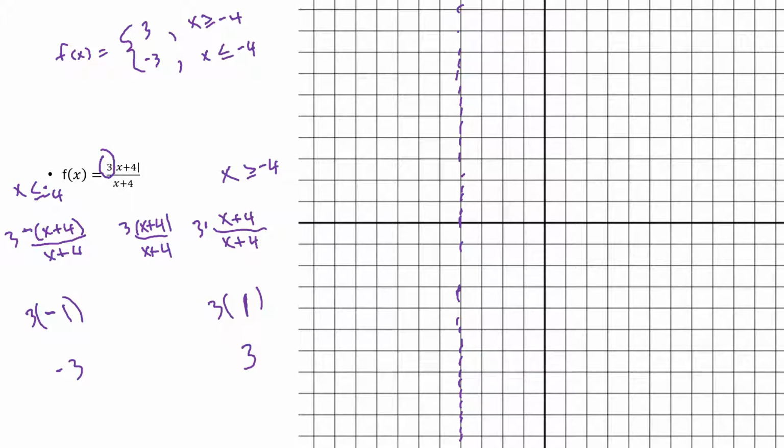So we said that to the right of our line, it should just be 3, and we have an open circle where it meets. And to the left of our line, we will have negative 3, and we have an open circle where it meets. So this is what our graph looks like.